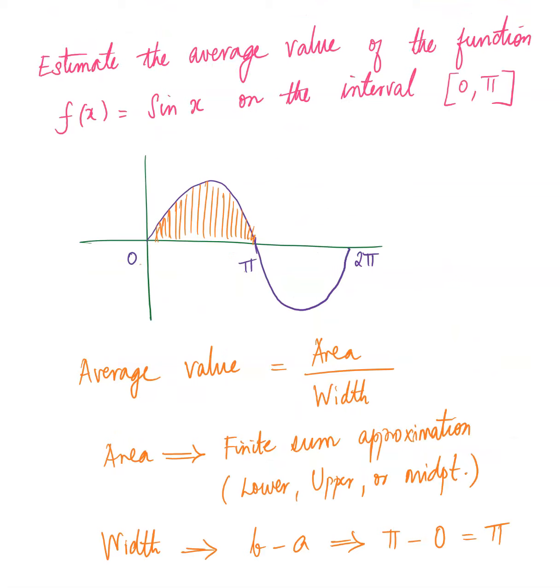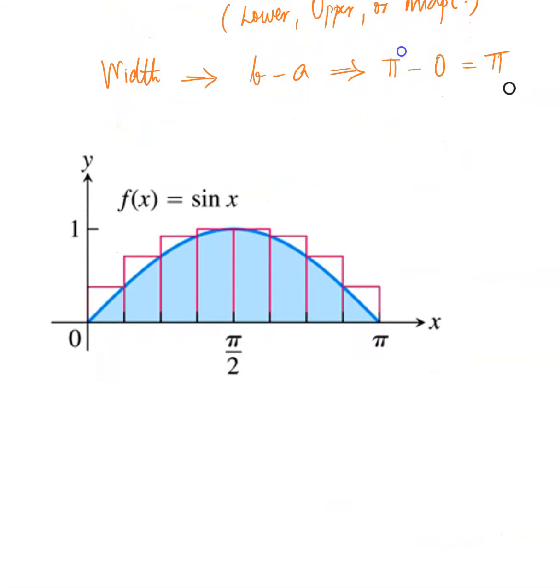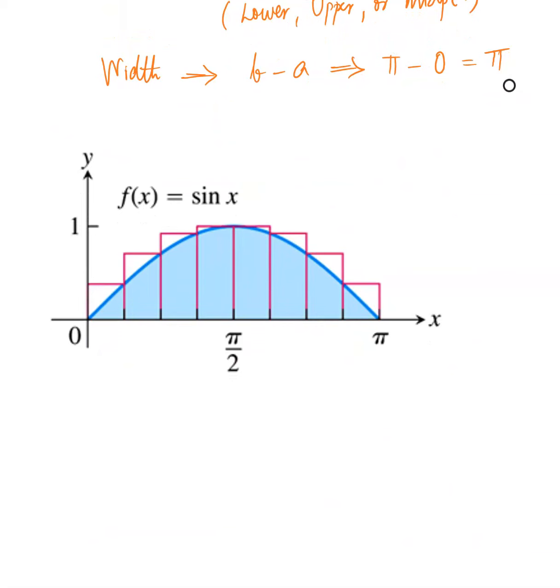To keep it manageable, maybe we could divide this into eight rectangles. So it will look like this. 8 rectangles. Now I'd like you to remember that I'm going to choose to do the upper sum. So let me write all that information here: upper sum, 8 rectangles.